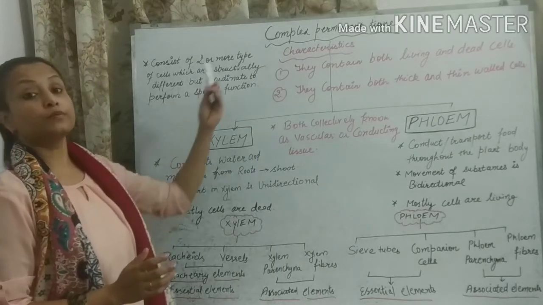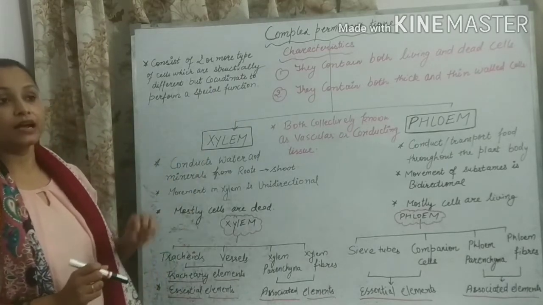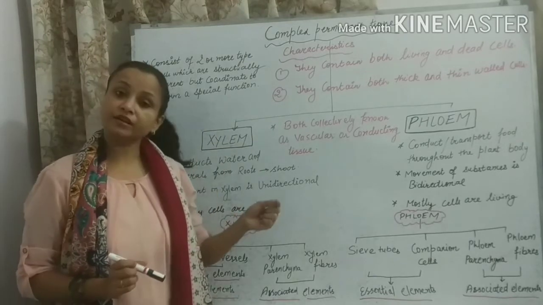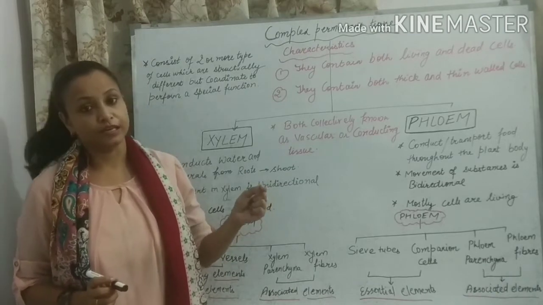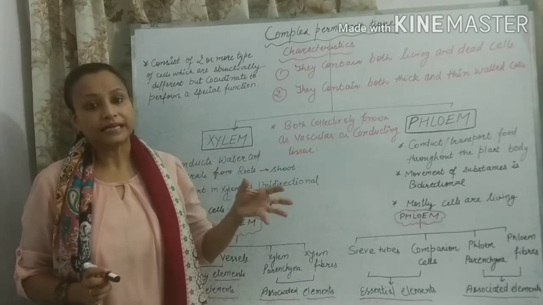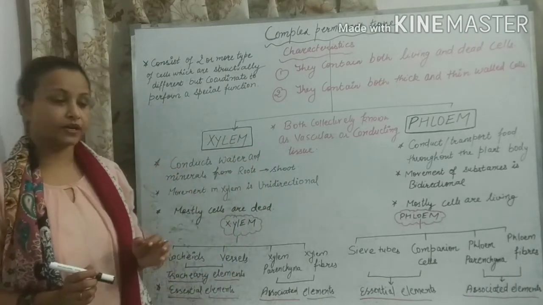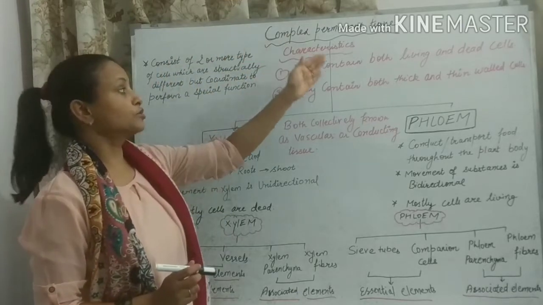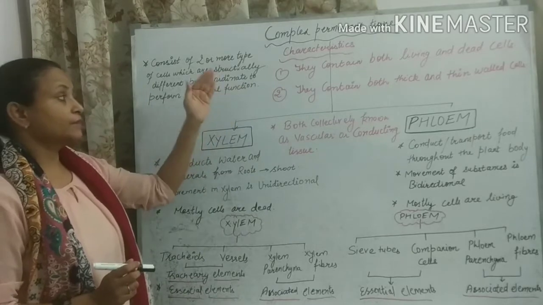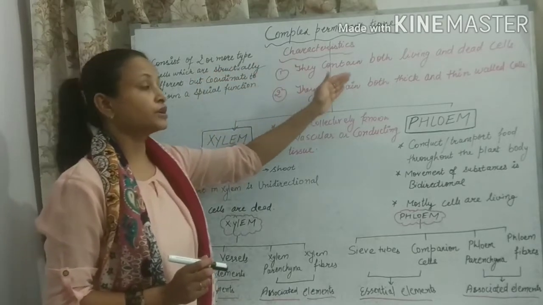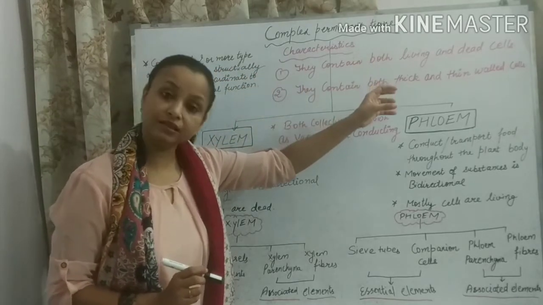Now come to the characteristics of the cells. As we have learned in simple permanent tissue, either the cells are living or the cells are dead. But complex permanent tissue contains both living and dead cells. And the second point, these tissues also contain both thick and thin walled cells.